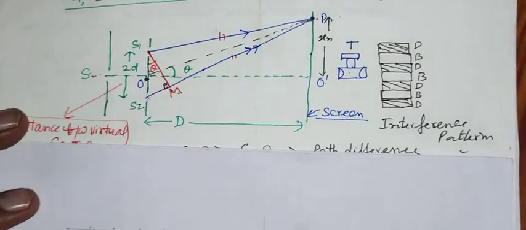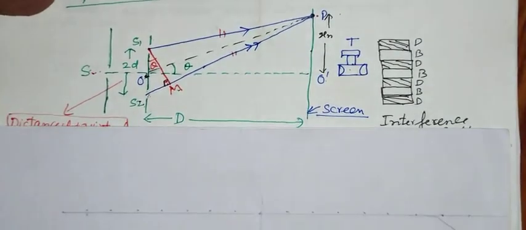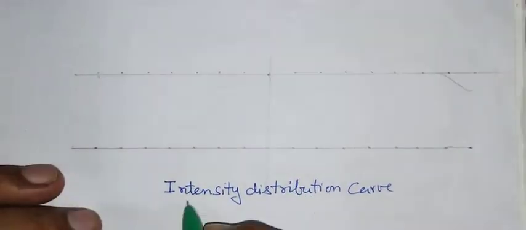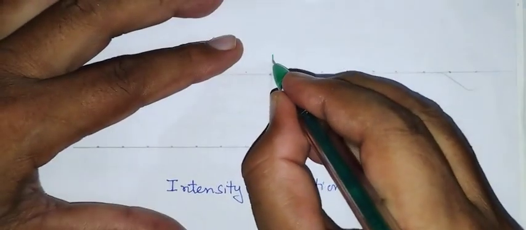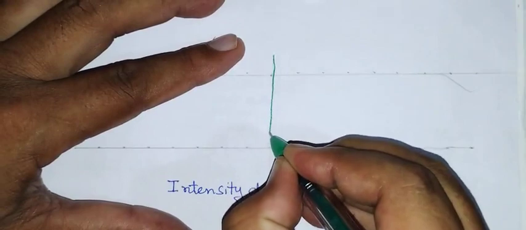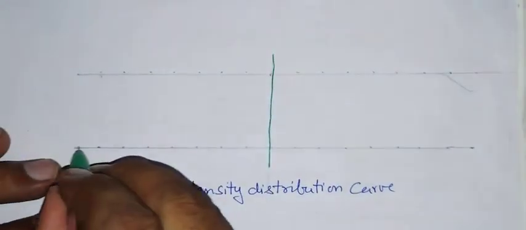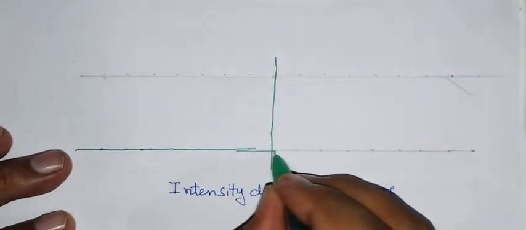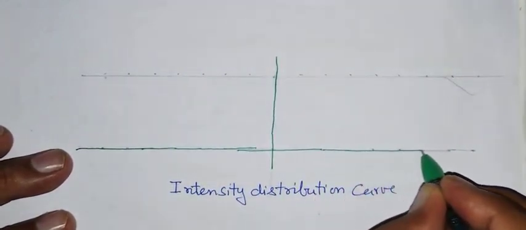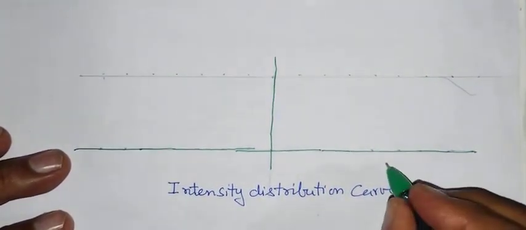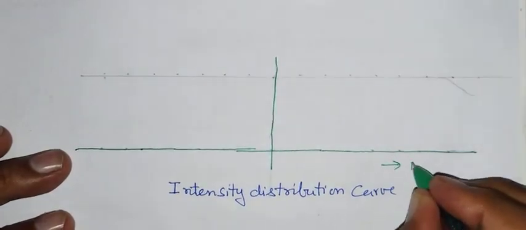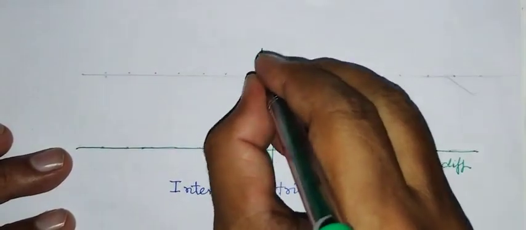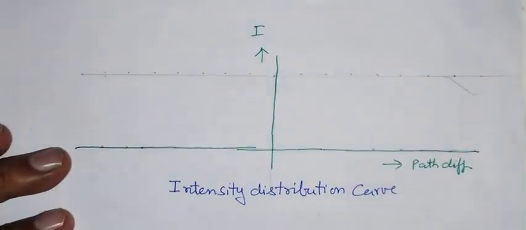In this interference pattern, the intensity distribution curve can be given like this. This is the intensity distribution curve. We will see it here in this graph. On this side we will show the path difference and above it the intensity.